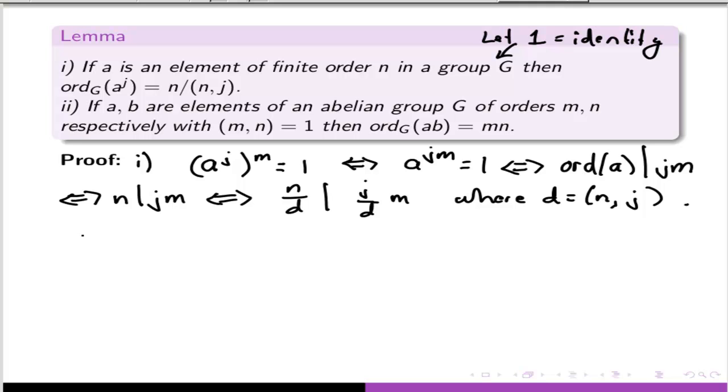Aha! We've done something like this before. This would mean that n over d is a divisor of m, since these two numbers are relatively prime.